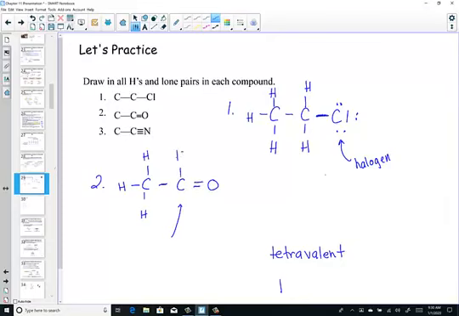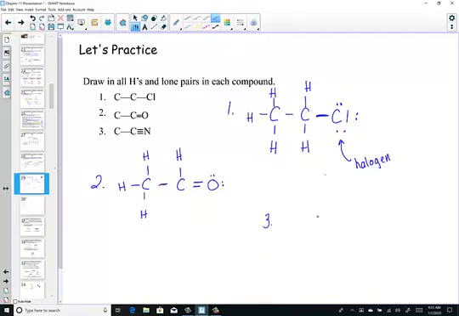So it only requires 1 more hydrogen to complete its octet. And remember, oxygen can form 2 bonds, and it did so already with a double bond to carbon, but it also requires 2 sets of lone pair electrons to complete its octet. So there's our structure for the second compound.